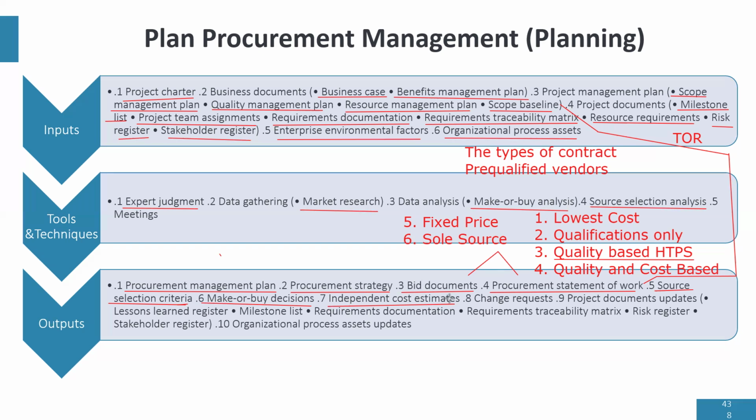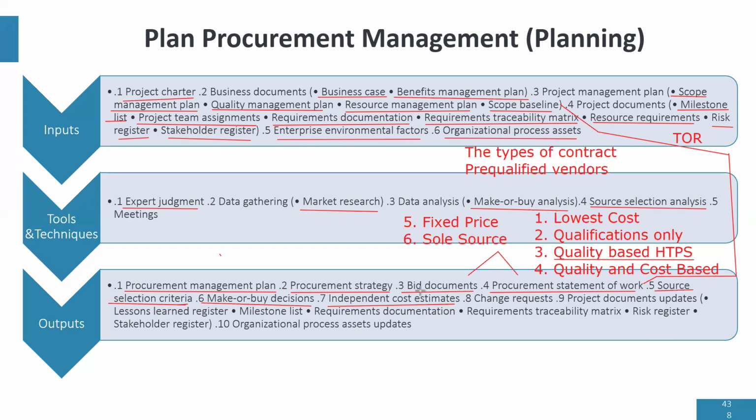Now, you know that I don't talk about everything because it's just a lot. But I try to give you enough information to see the full picture and to be able to answer questions. So I just stop at some point. Otherwise, you probably need another 2, 3 weeks. So independent cost estimates is the last one I'm going to talk about.